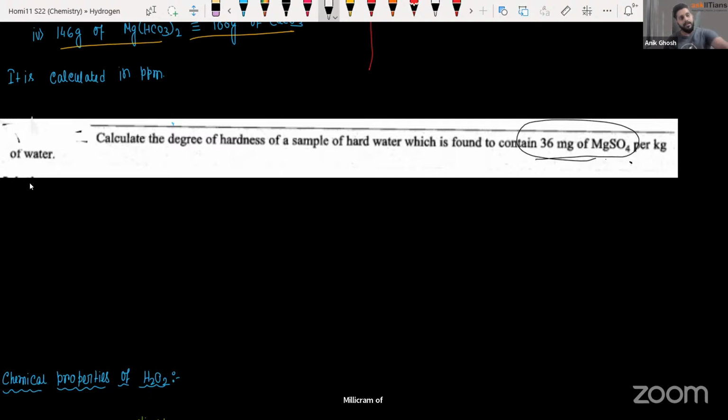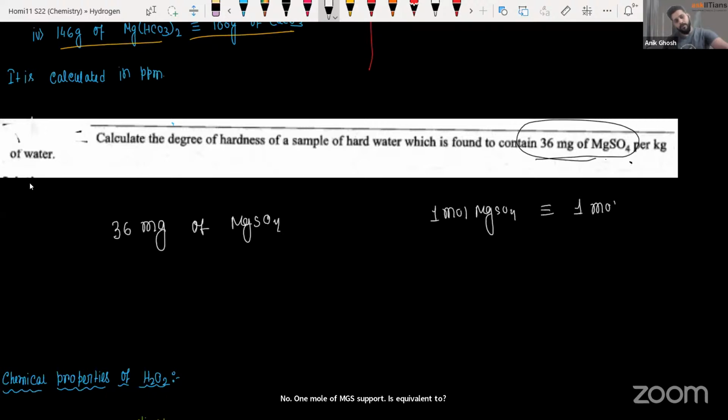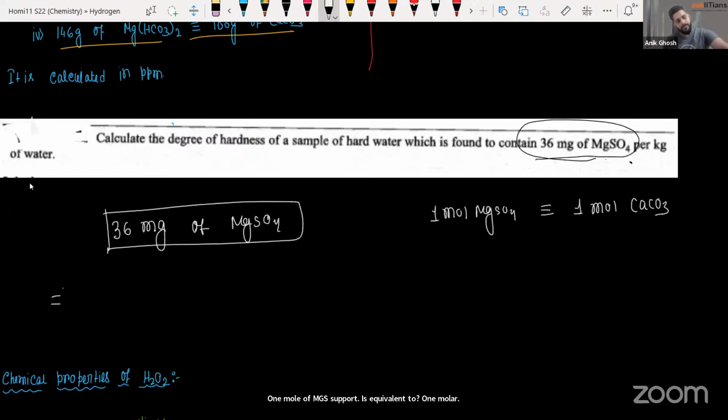Now, guys, 36 milligrams of MgSO4 is what you have. Now, 1 mole of MgSO4 is equivalent to 1 mole of calcium carbonate. 36 milligrams of MgSO4 means how many moles, guys? Figure out how many moles it is.